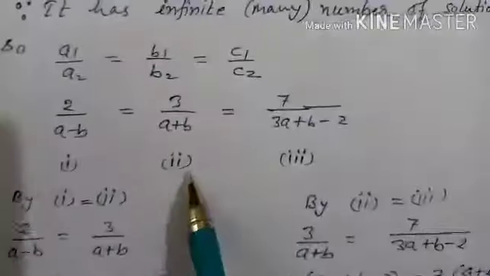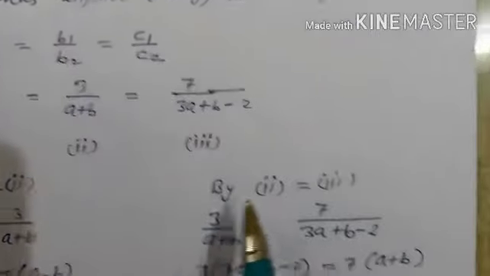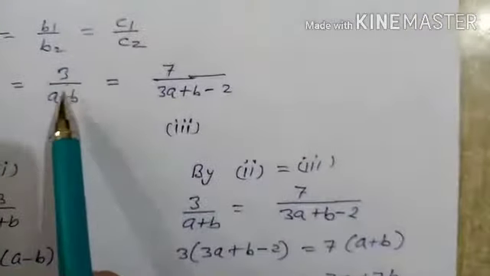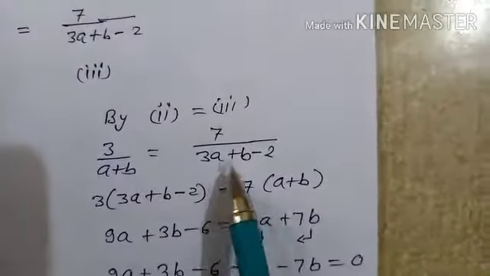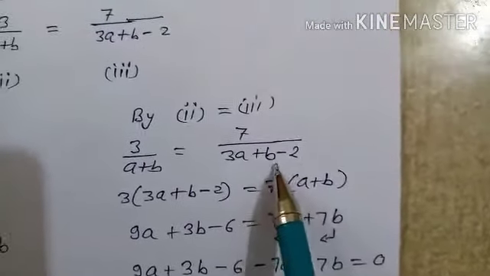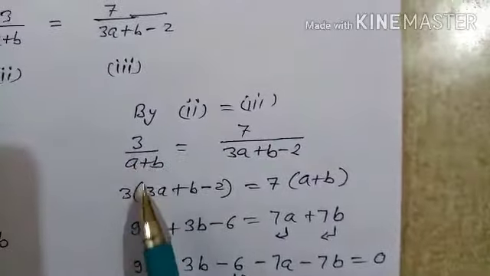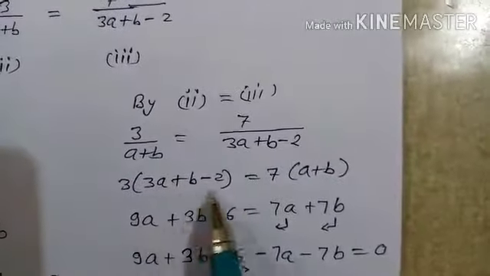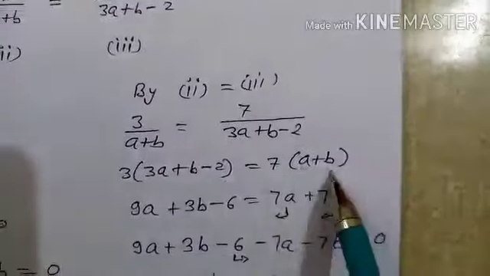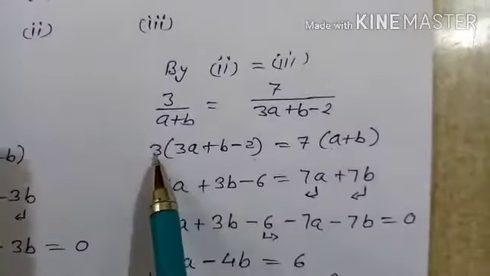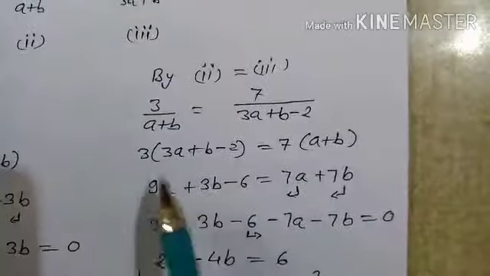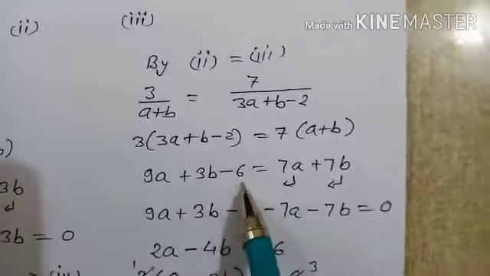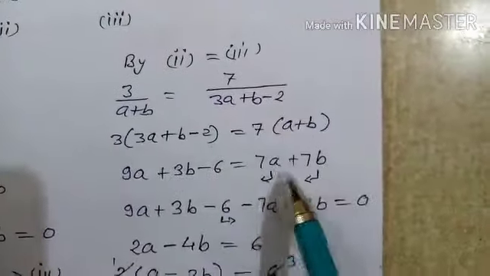Now taking second and third: second is 3 upon a plus b and third is 7 upon 3a plus b minus 2. Once again by cross multiplication, 3 into (3a plus b minus 2) equals 7 into (a plus b). Open the bracket: 3 into 3 is 9a plus 3b, and 3 into 2 is minus 6, and that side 7a plus 7b.